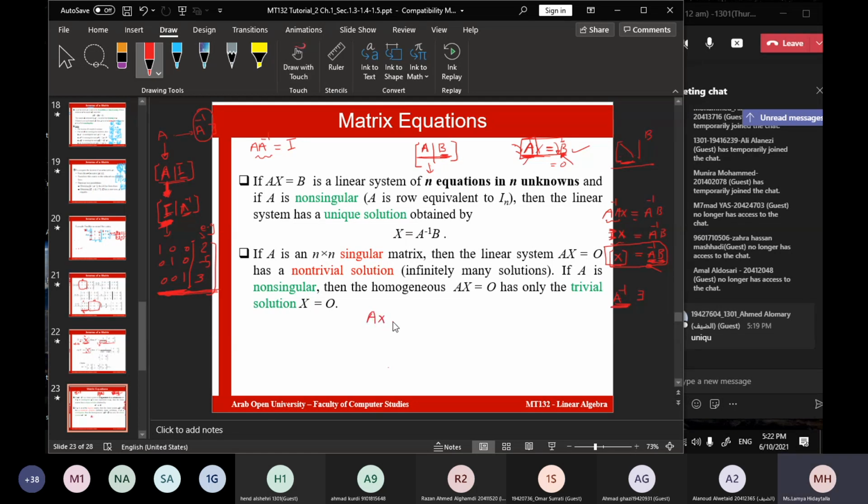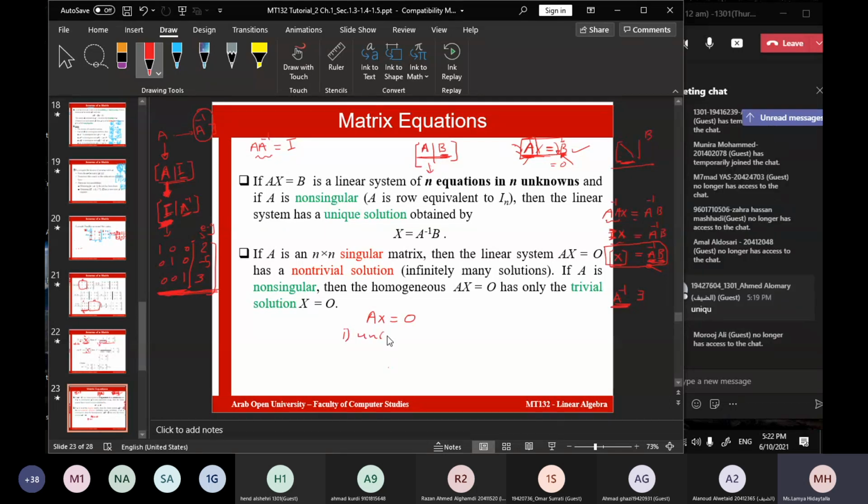Any homogeneous system AX equals 0 could either have a unique solution, correct, or infinitely many solutions, correct. Before, we said could it have no solution? Is it possible for it to have no solution? I'm asking you, is it possible that it has no solution?